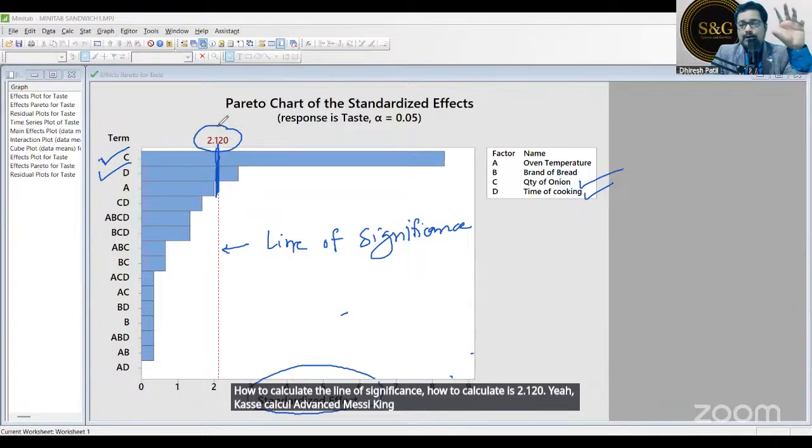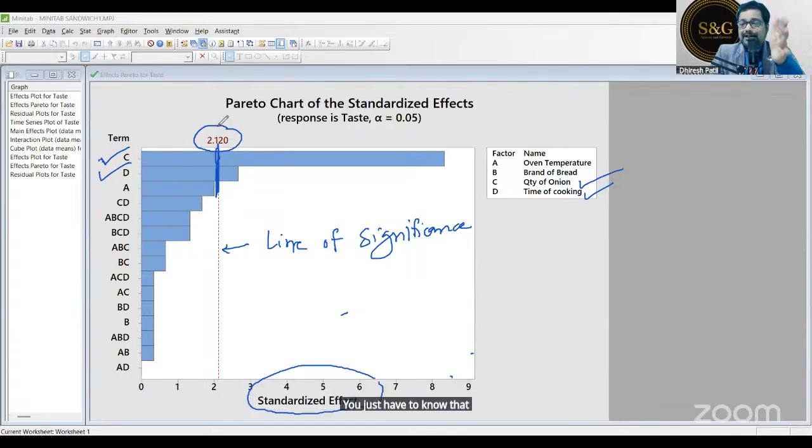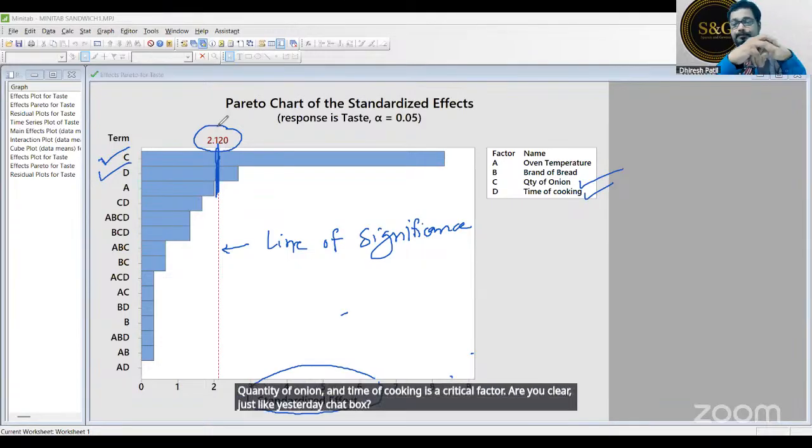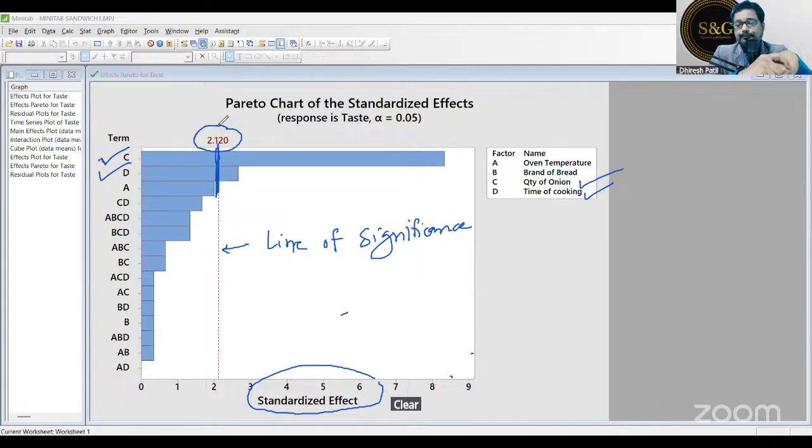As of now, you just have to know that anything goes beyond this is the critical factor. So for me, quantity of onion and time of cooking is a critical factor. Are you clear? Just type yes in the chat box. Clear? Everybody with me till now? Anybody behind, please let me know.